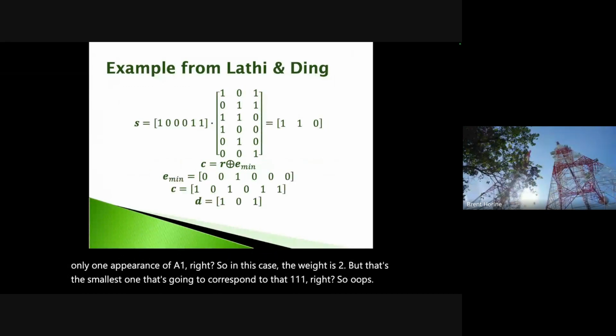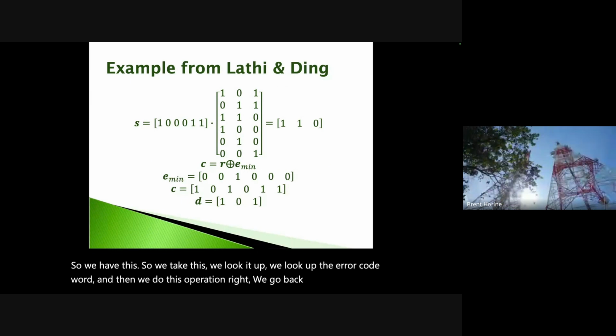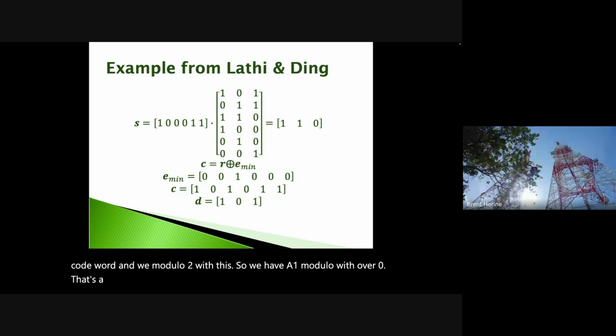So we take this, we look up the error code word, and then we do this operation. We go back to our received code word, and we add modulo 2 with this. So we have a 1 modulo 0, that's a 1; a 0 modulo 0, that's a 0; a 0 modulo 1, we're going to correct this digit right there from a 0 to a 1.